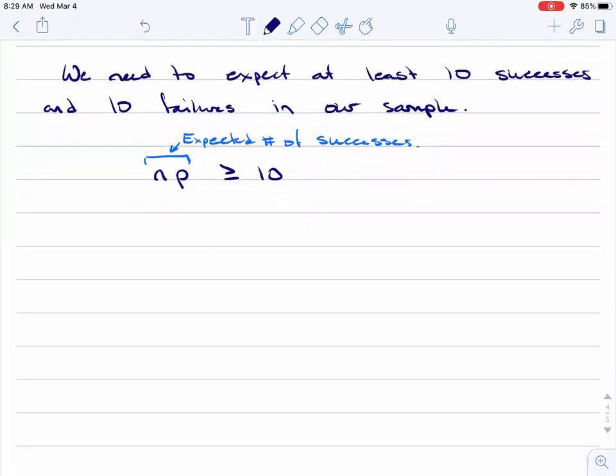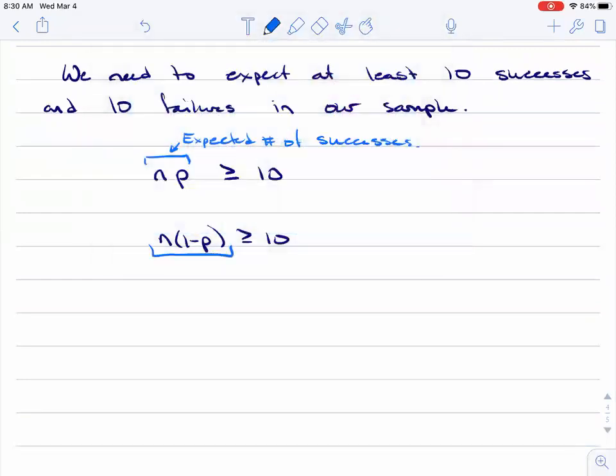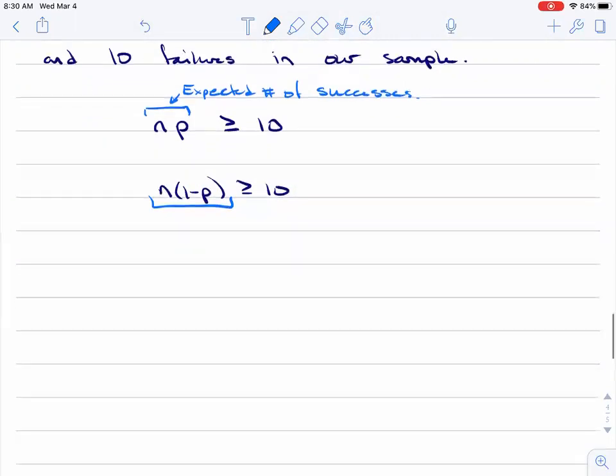And we also need to check that n times 1 minus p has to also be greater than 10. N times the probability of a failure is the expected number of failures.